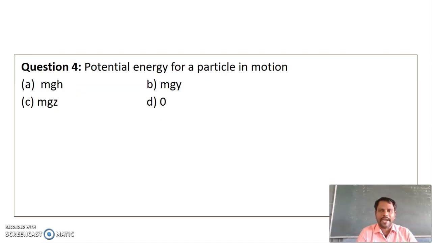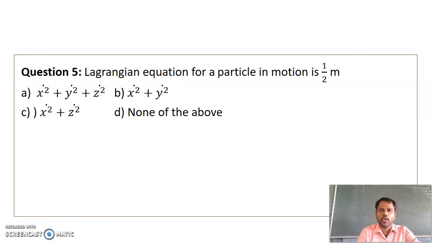Potential energy for a particle in motion is, assume it is 0. So the option is D. Question number 5. The Lagrangian for a particle in motion is L is equal to half m times x dot square plus y dot square plus z dot square. So the answer is A.